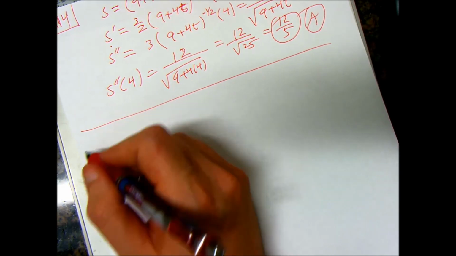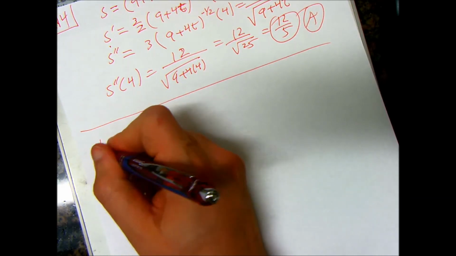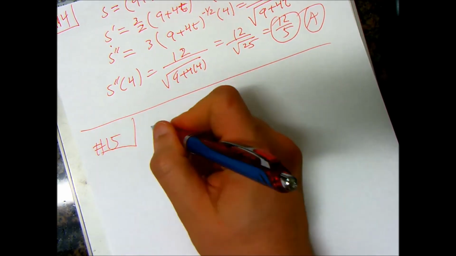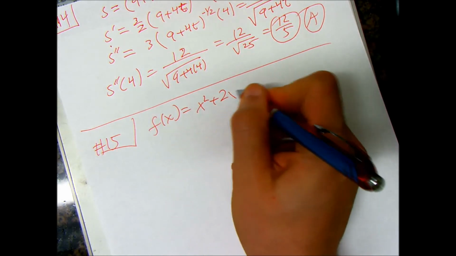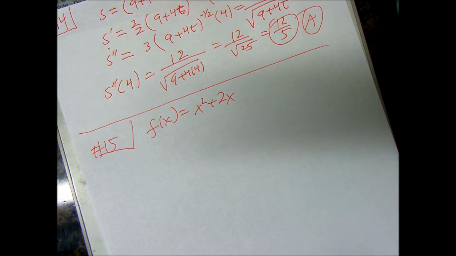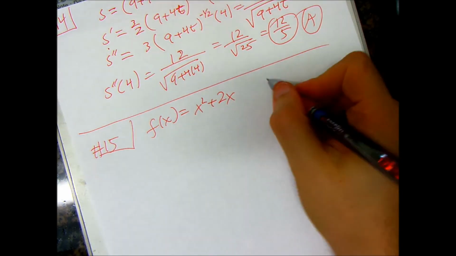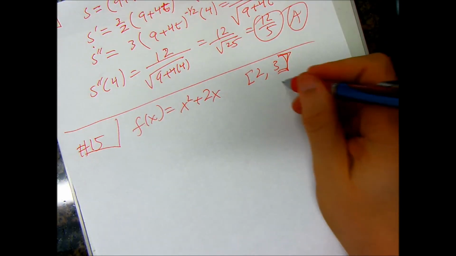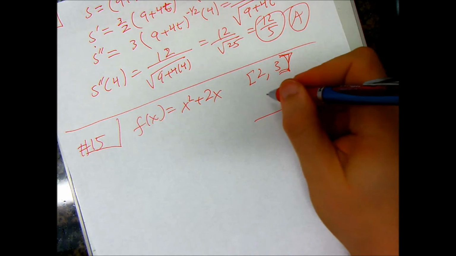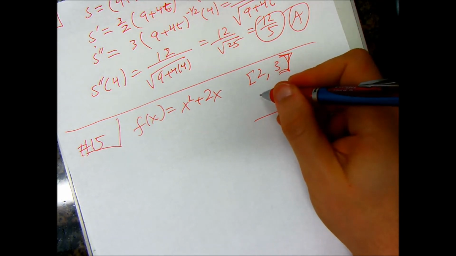All right, how about, let's see, number 15, average rate of change. f of x is equal to x squared plus 2x. So average rate of change means I'm not taking a derivative. It means I'm given an interval, right? So this is some sort of a parabola here that maybe looks like, I don't know, this.